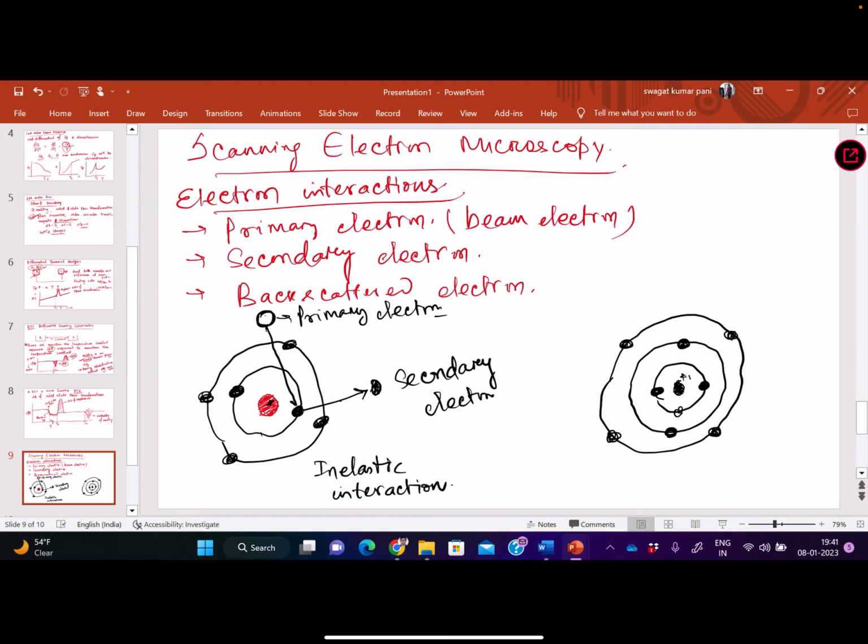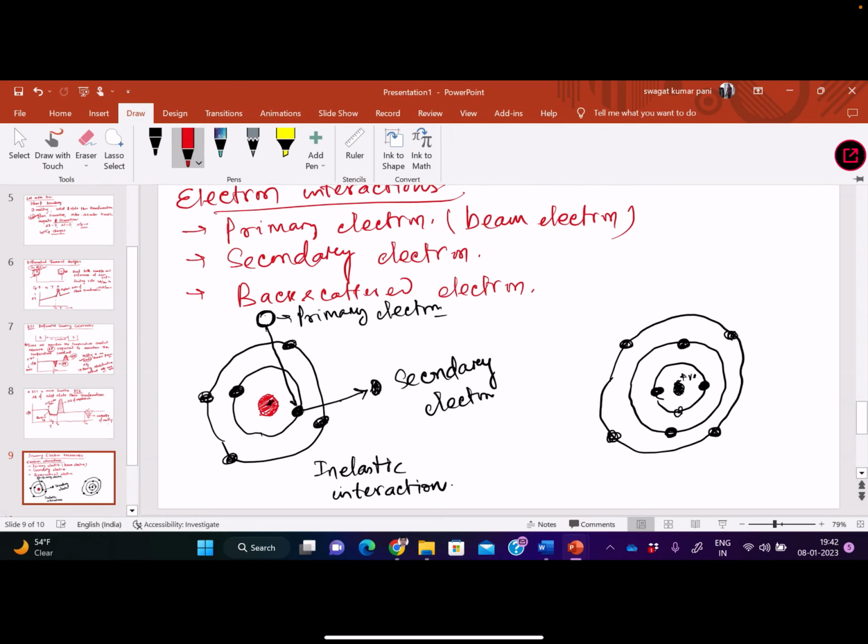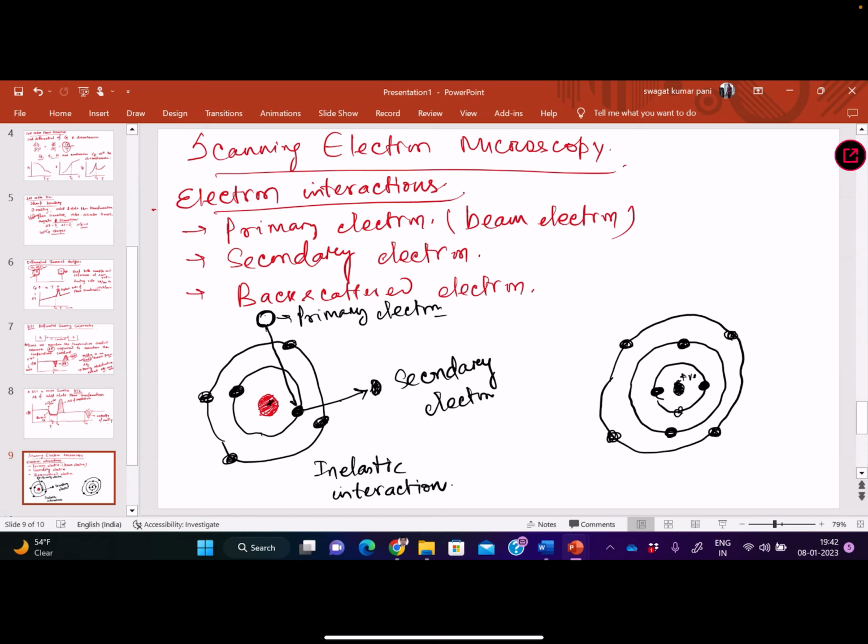Okay, so this is the nucleus inside. So we have a primary electron here from the beam. So it goes like this, and then due to the interaction with the nucleus, it comes out like this. This electron we call backscattered electron.